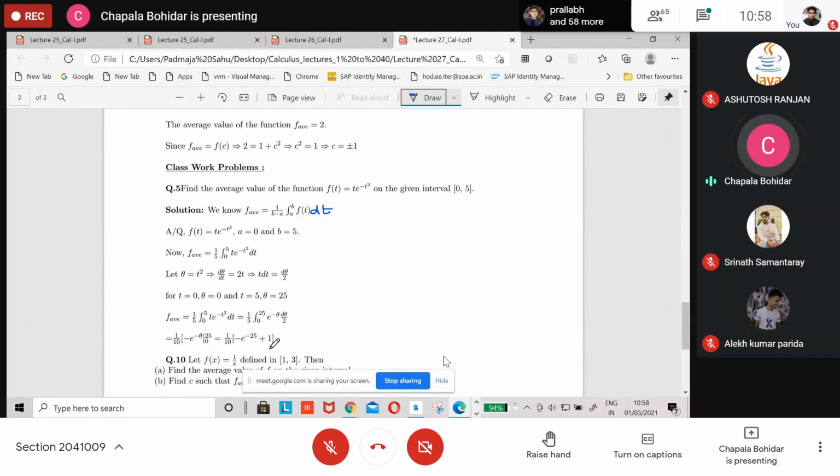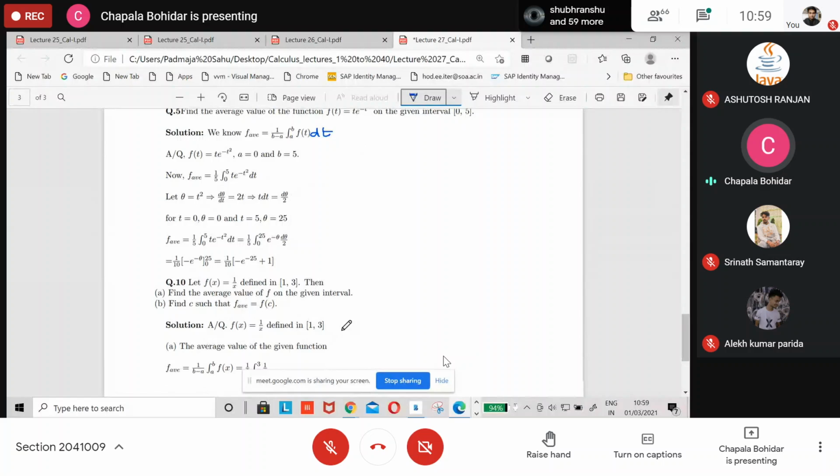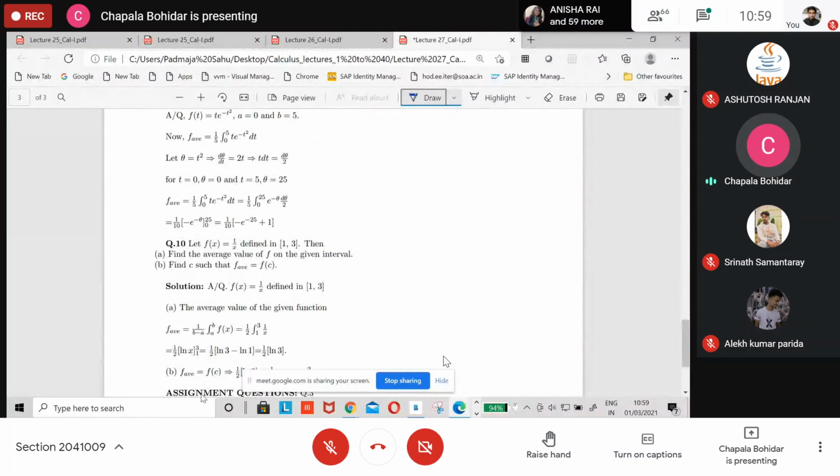Similarly, f(x) = 1/x defined on [1, 3]. Find the average value, like the previous example. Here it is dx, the integral from 1 to 3 of 1/x dx. 1/x is differentiable and continuous over this interval.